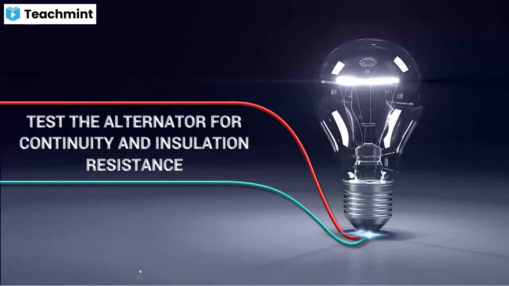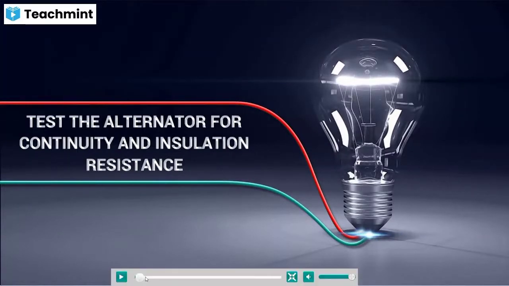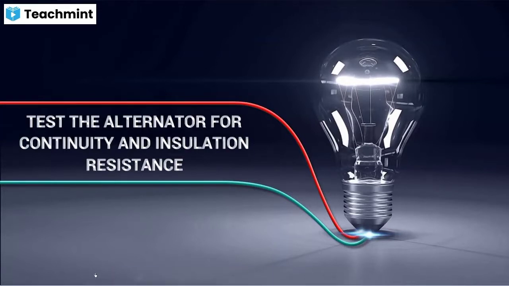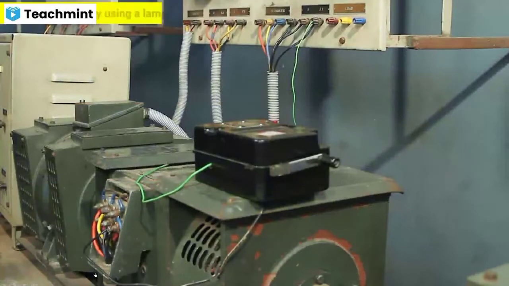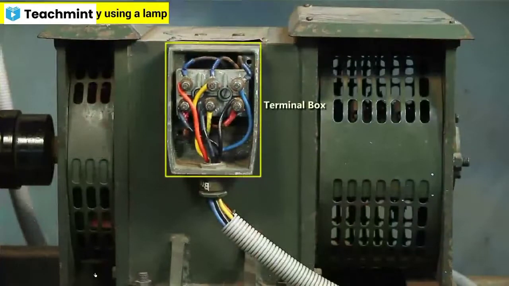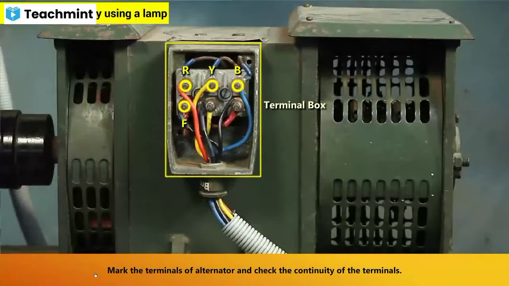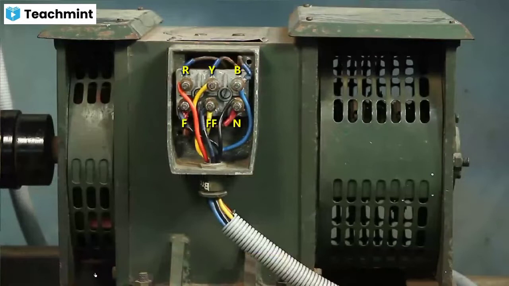Now the procedure: test the alternator for continuity and insulation resistance. This is your alternator and this is your Megger. In this exercise, your task 1 is the continuity test by using a lamp. Mark the terminals of the alternator.